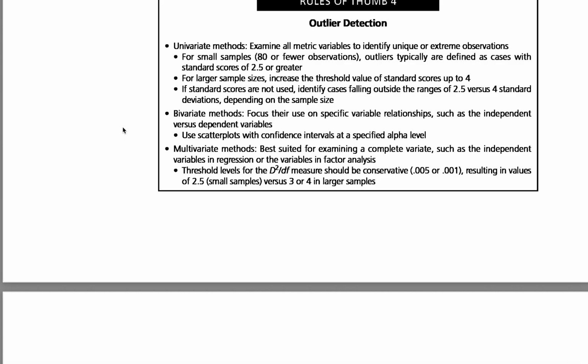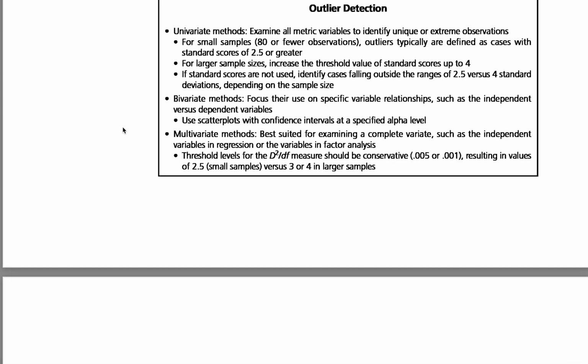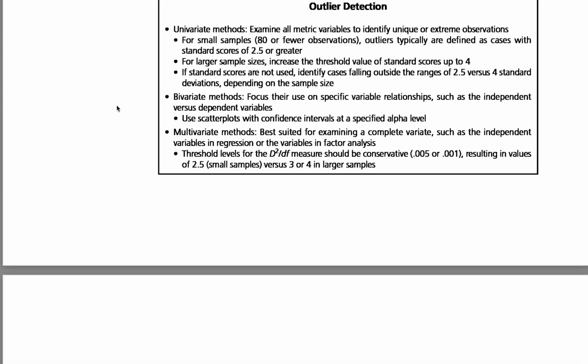For large sample sizes, increase the threshold value of the standard score up to 4. If standard scores are not used, identify cases falling outside the range of 2.5 versus 4 standard deviations, depending on the sample size.